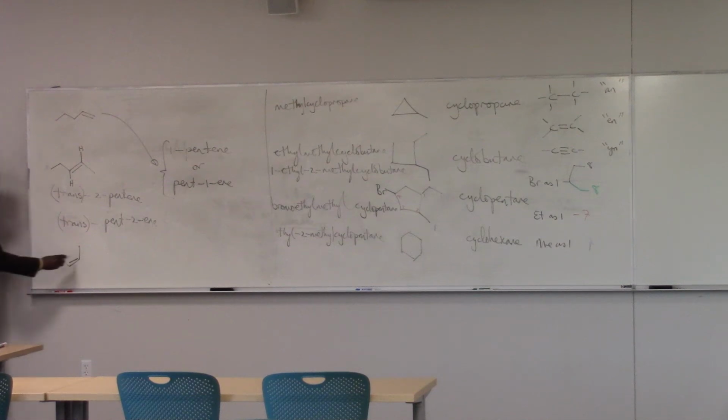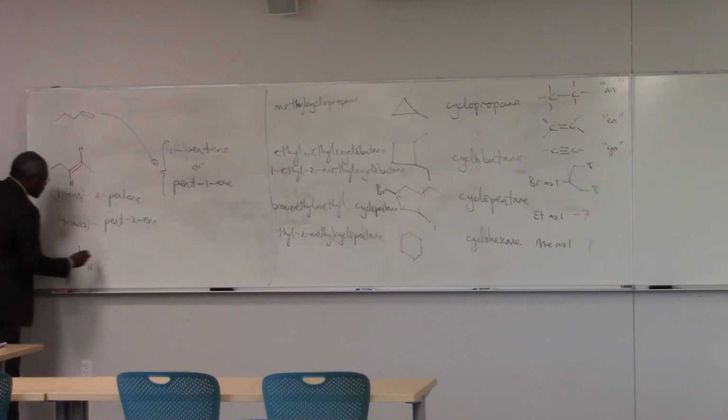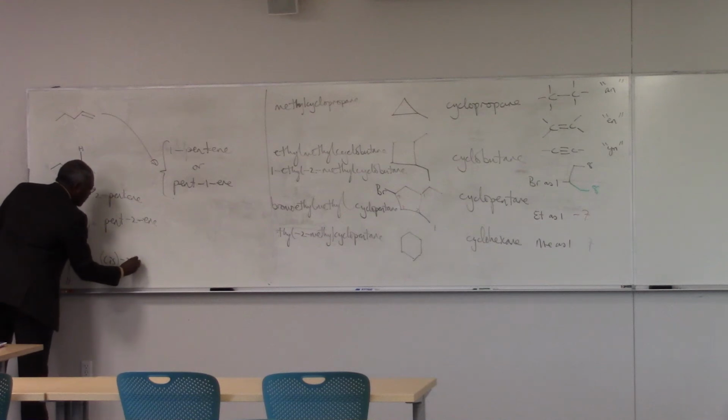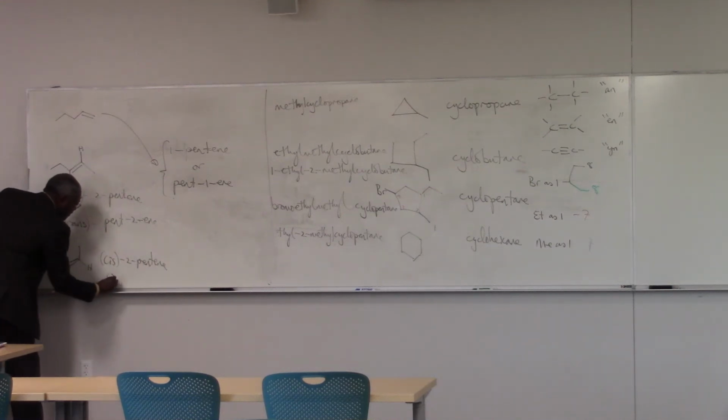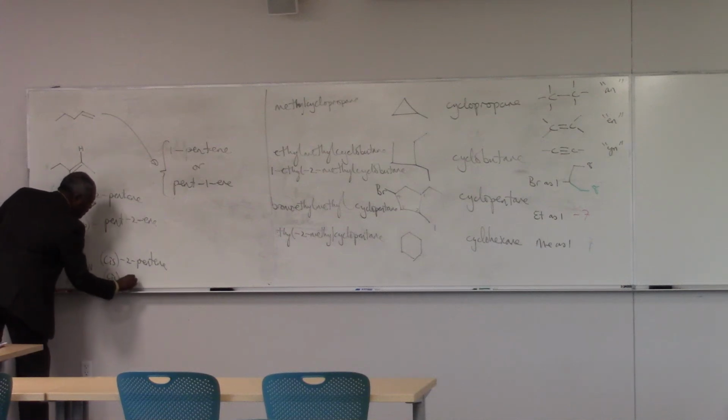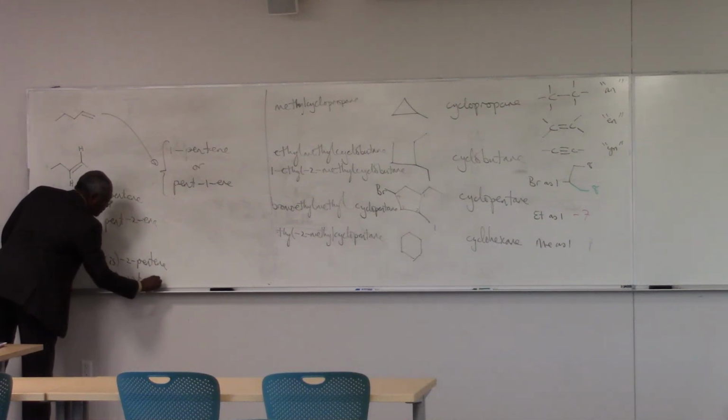Whereas in this one, the 2 H's are on the same side of the double bond as a frame of reference. So this is called cis-2-pentene, or cis-pent-2-ene.